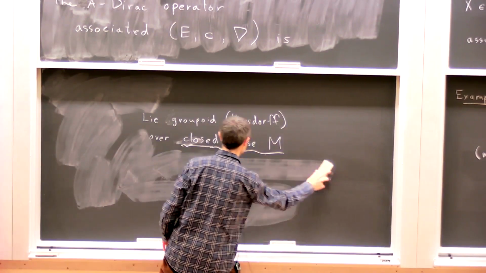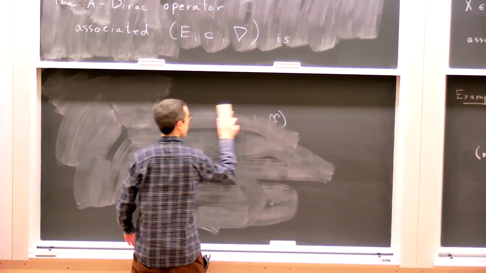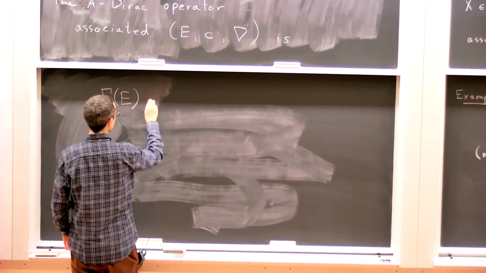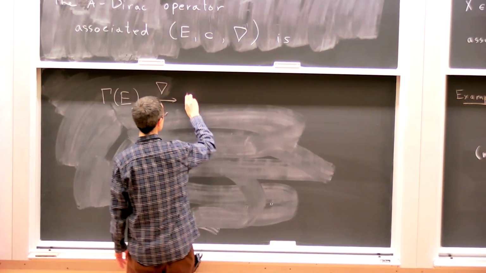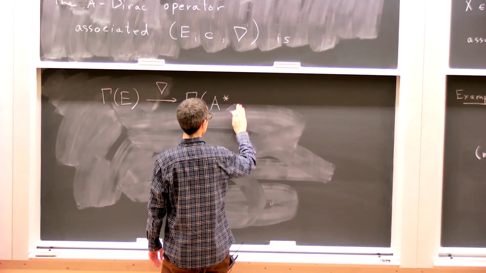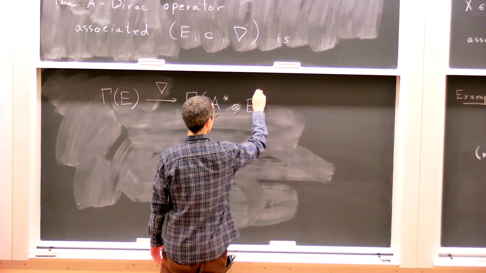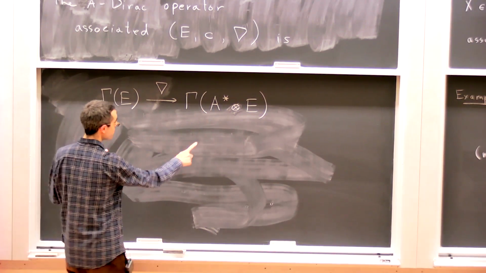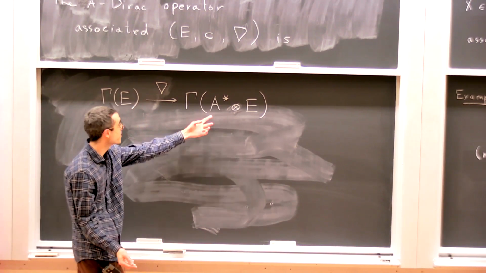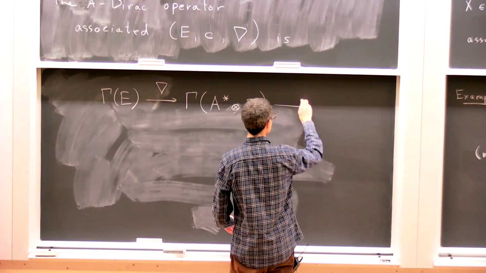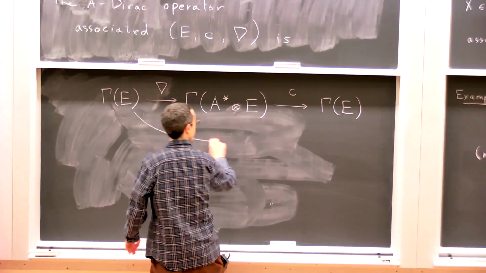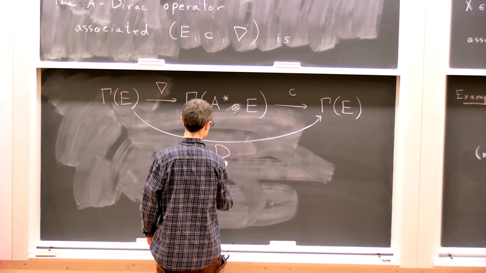You apply the connection and then use the Clifford multiplication. You start with a section of E, you apply the A connection to it, and that lands in sections of A star tensor E. For an ordinary connection, T star M would appear here, but now I've got an A connection, so of course A star appears here. Then you apply the Clifford multiplication, and this composition is the Dirac operator.